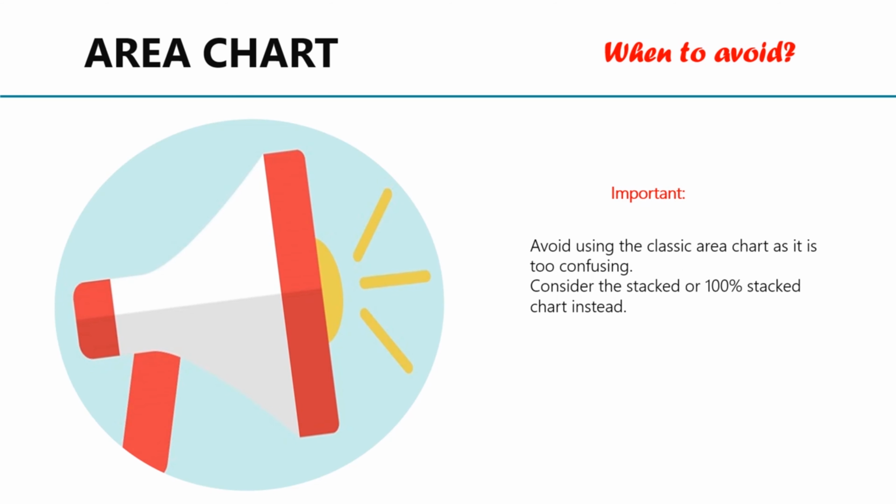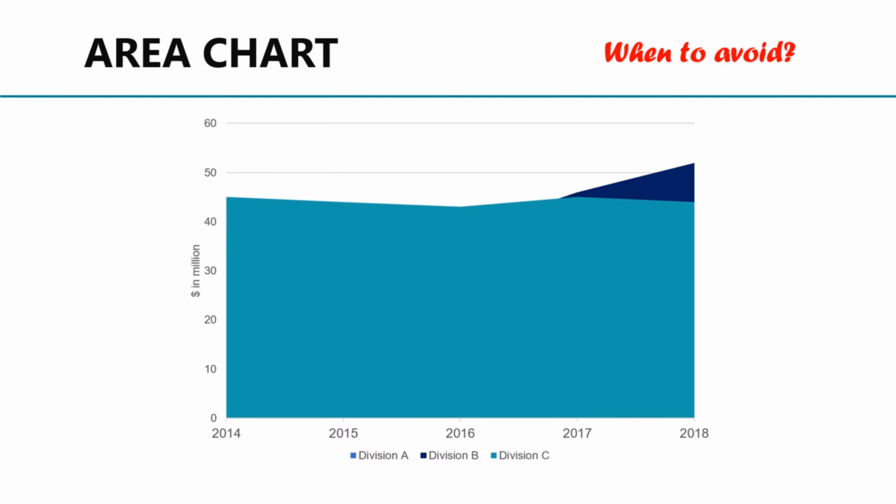In general, I would say stay away from the classical area chart too. It can be very confusing, and even Microsoft themselves recommend avoiding it and to consider using a simple line chart. If we wanted to show the development of revenues generated by each of the firm's divisions over time with a simple area chart, we could have something like this.